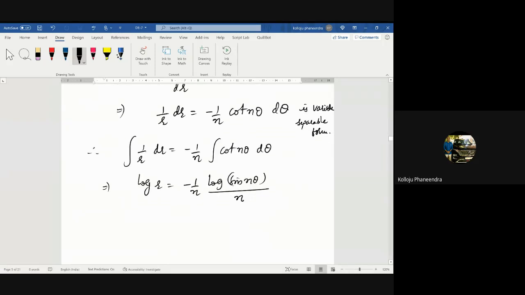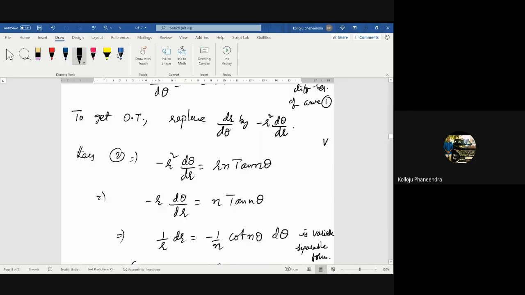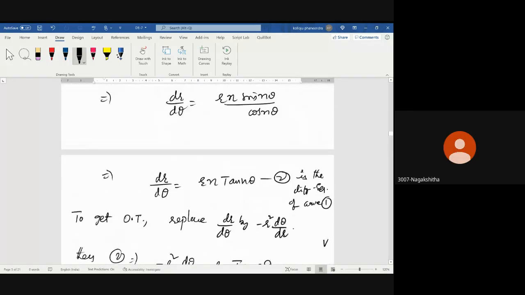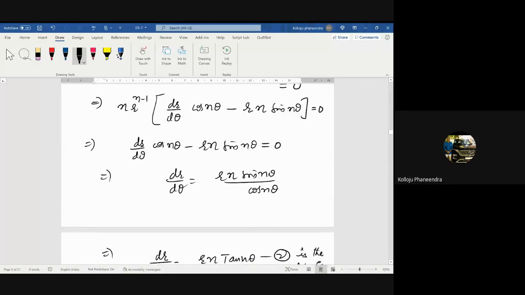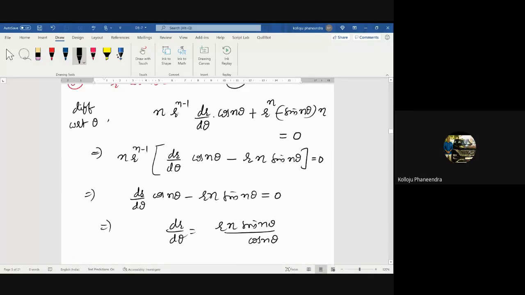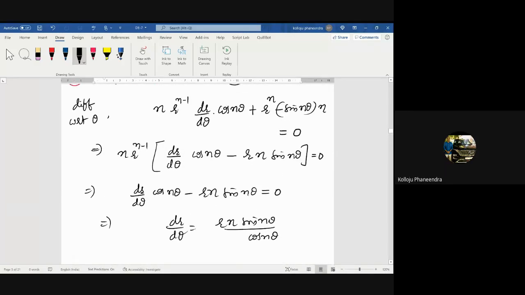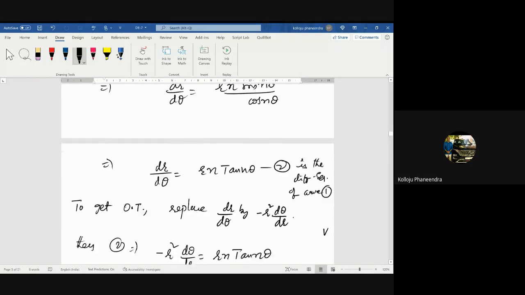Any corrections? Log, right, that plus log k. So this is log r. Where is the mistake? Any mistake? Sir, n will be cancelled, I think, sir. Yes, I'm just checking that. This is correct. n is also taken common now, right?